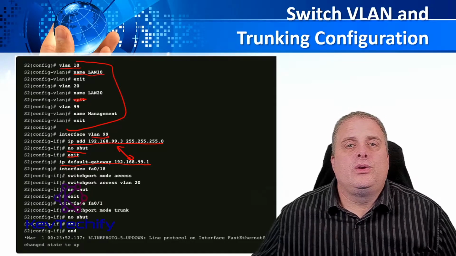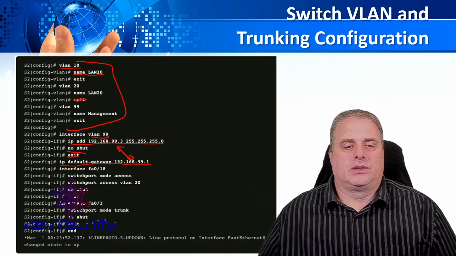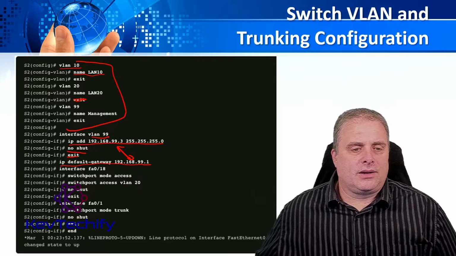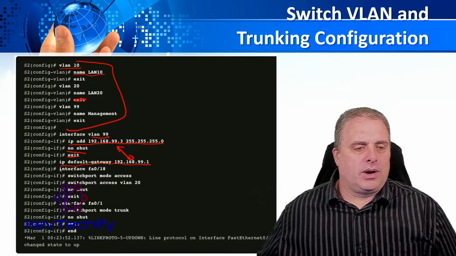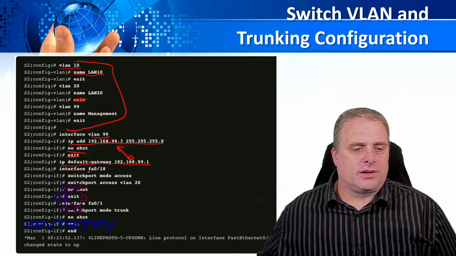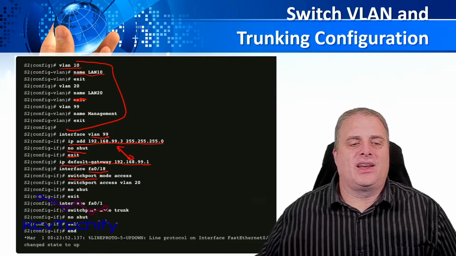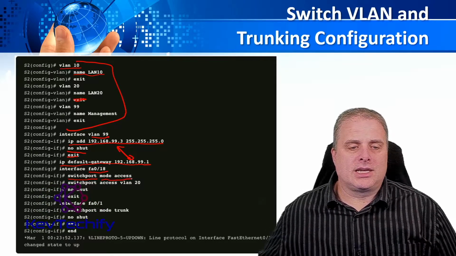After you do that, you go into the ports themselves. Go into the ports themselves and you assign what mode they are. And so right here we have Fast Ethernet 18. We set it's a switch port command because you're dealing with those switch port settings. We're going to change the mode to access.